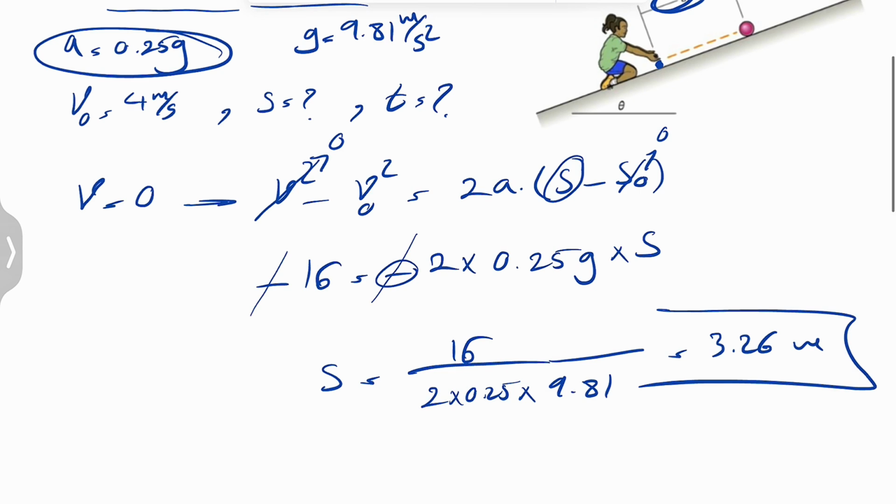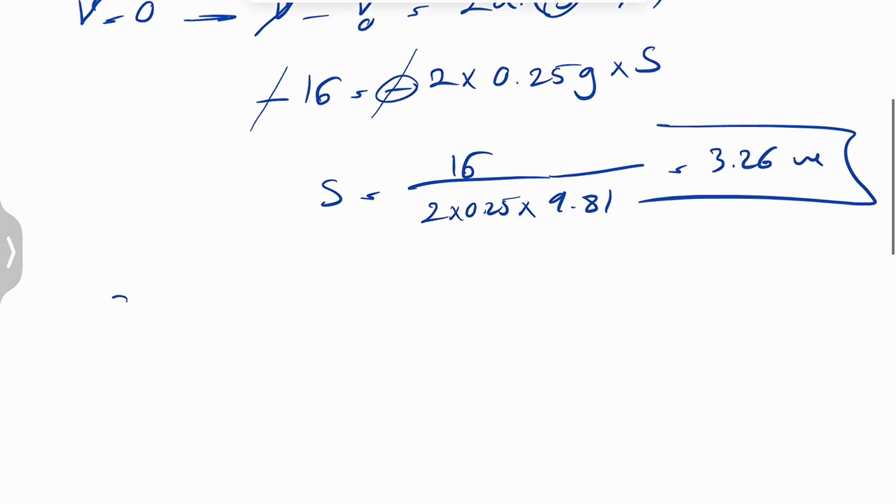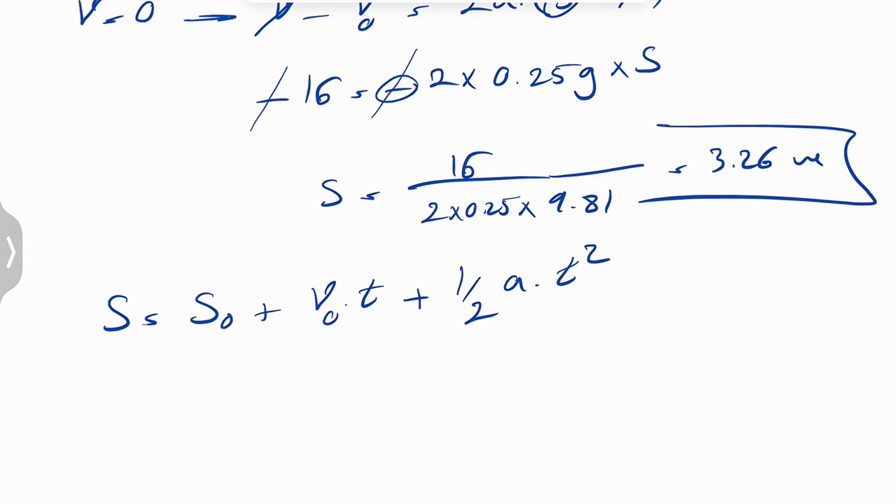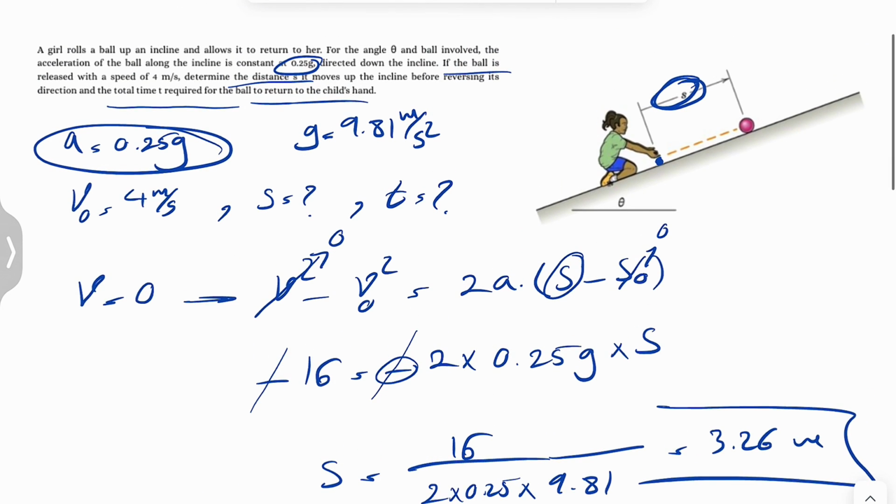And for finding the travel time, we can go with the other formula that we have. s is equal to s0 plus the initial velocity times t plus, let's go with the general formula, 1/2 a t squared. So s0 is 0, and s is where the ball goes up and comes back to this point.